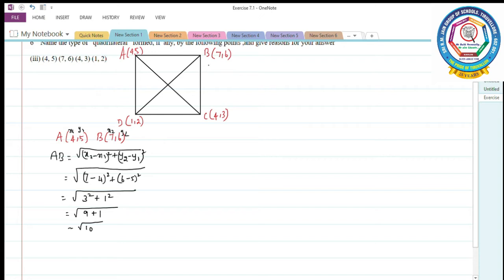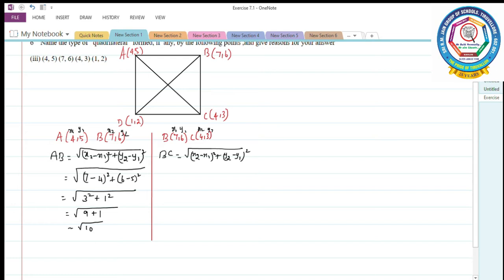Next, I have to find the distance between BC. So what is the B coordinate? B of (7, 6) and C of (4, 3). Here I am going to take one line. So we have to find the distance between BC. BC equals square root of (x2 minus x1) the whole square plus (y2 minus y1) the whole square. This is x1, y1.